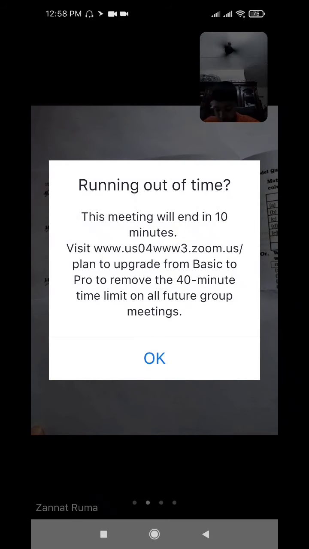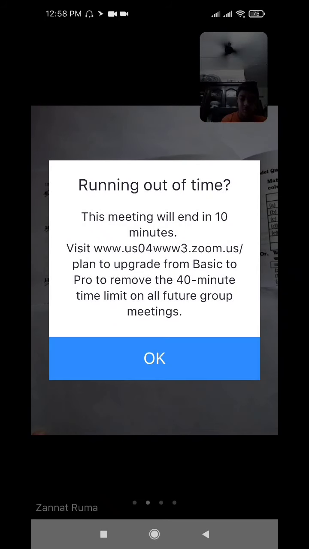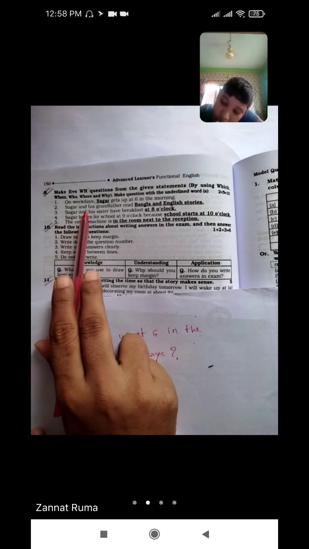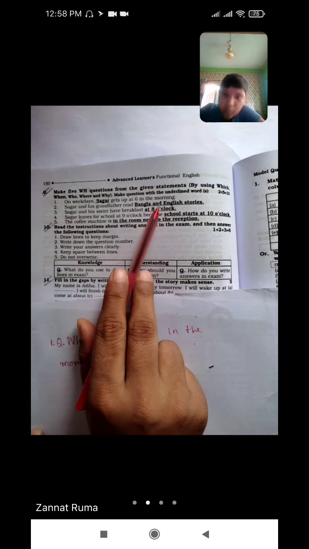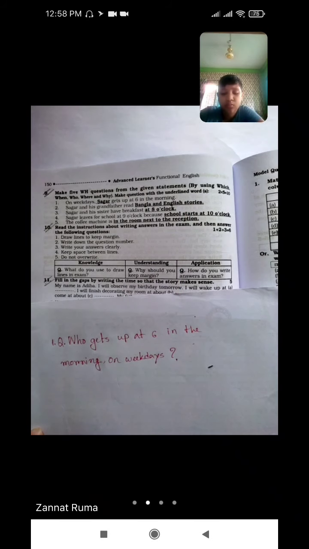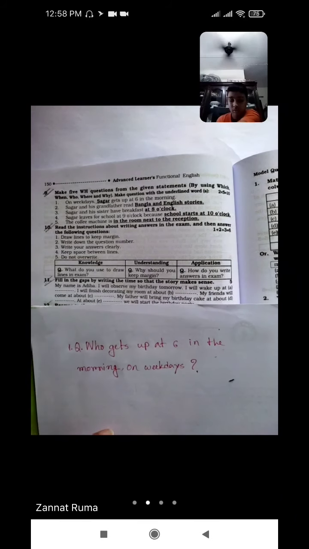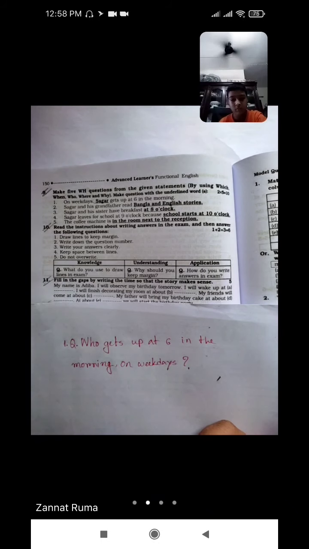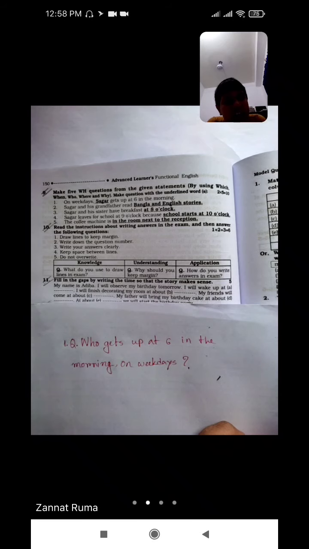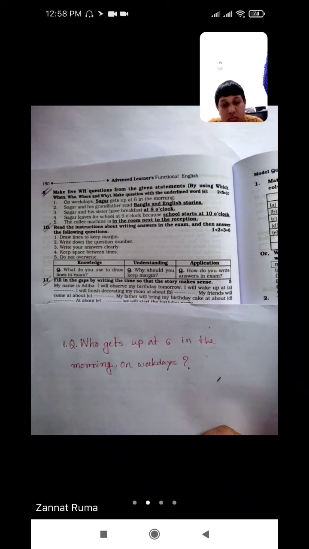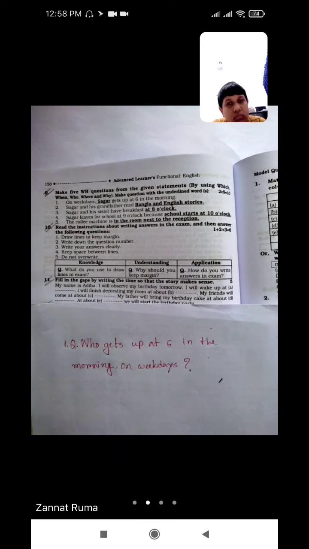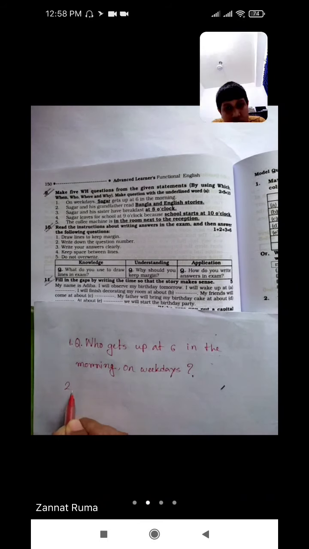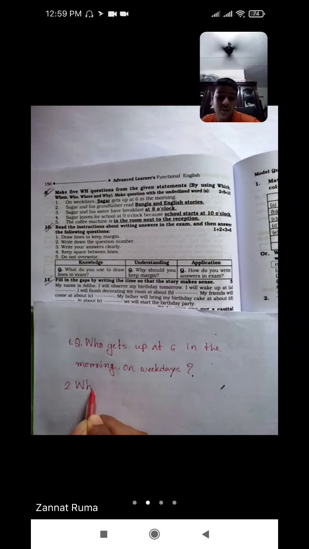Okay, number 2. Sagar and his grandfather read Bangla and English stories. Then what will be the question? Help me. What will be the question? Which stories, we will start from which, মানে কোন.